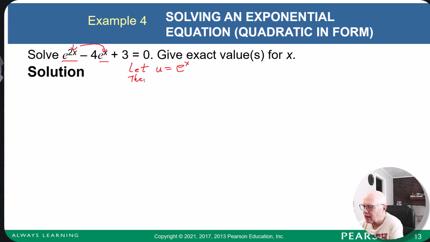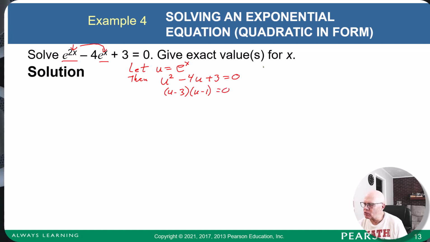Then the first one becomes u squared minus 4u plus 3 equals 0. You should be able to factor that in short order. U minus 3, u minus 1.